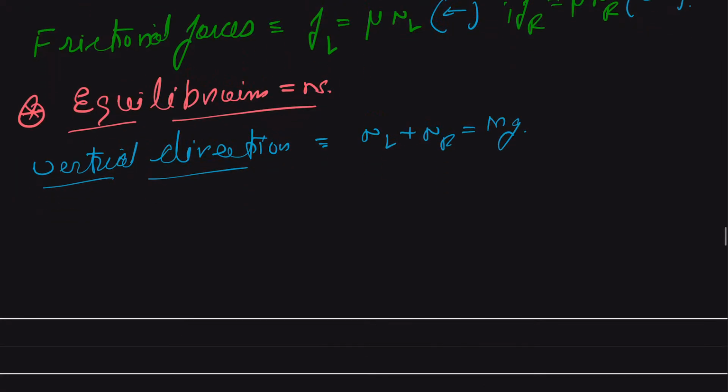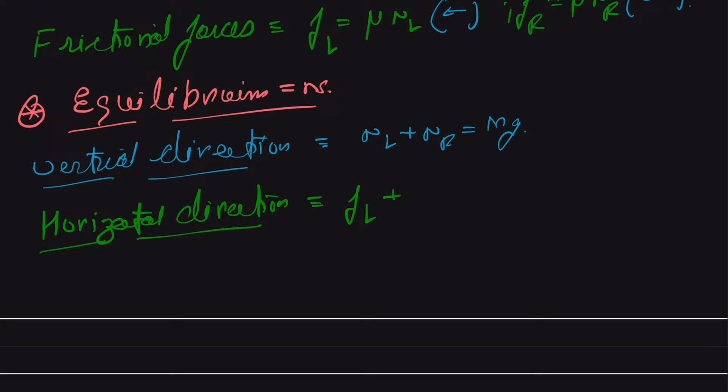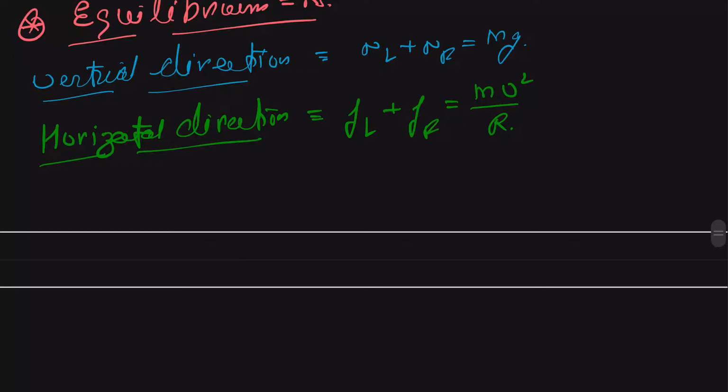And in the horizontal direction, we add FL plus FR, and that is the centripetal force, mv square upon R. We substitute FL and FR in terms of the normals, so mu can be taken as common: mu times (normal on the left plus normal on the right) is equal to mv square upon R.